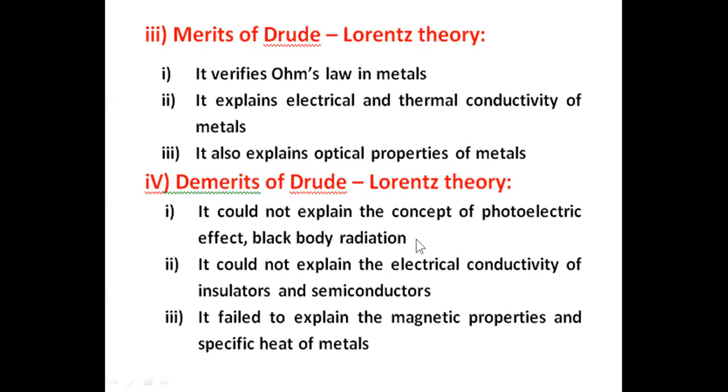Second, they also failed to explain the electrical conductivity of insulators and semiconductors. They were able to explain successfully the electrical conductivity of metals, but not that of insulators and semiconductors.